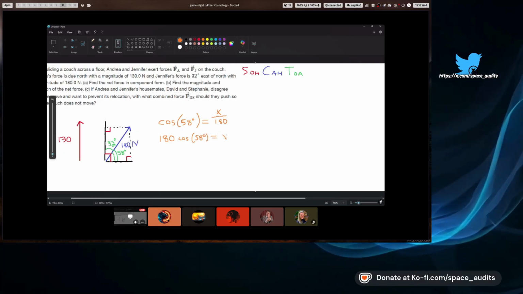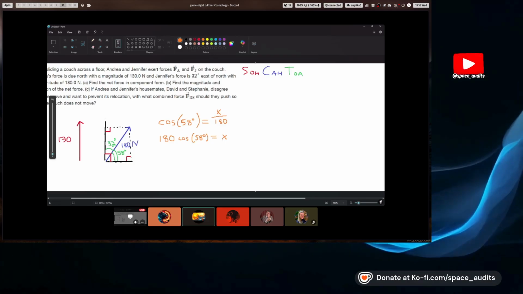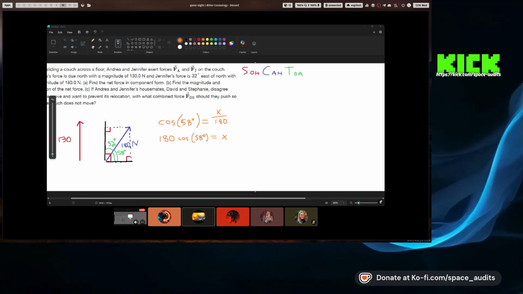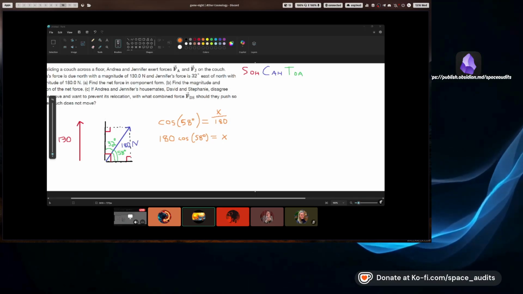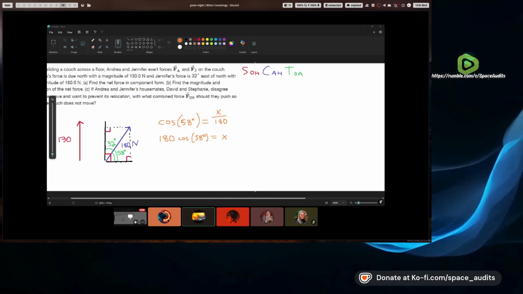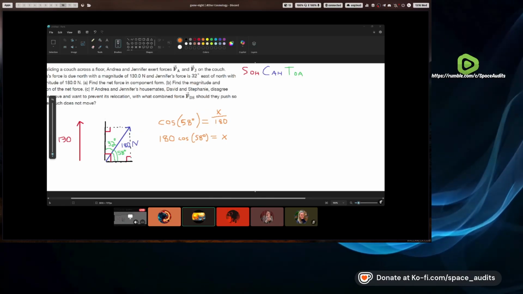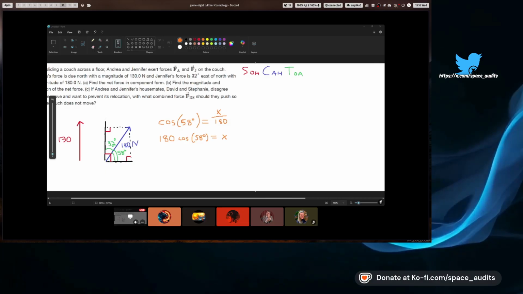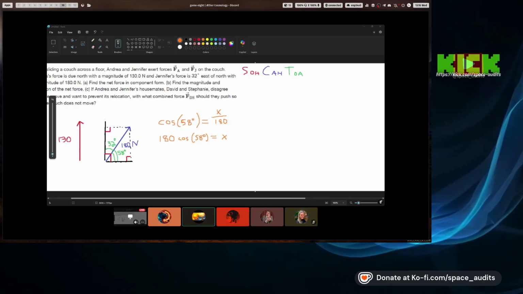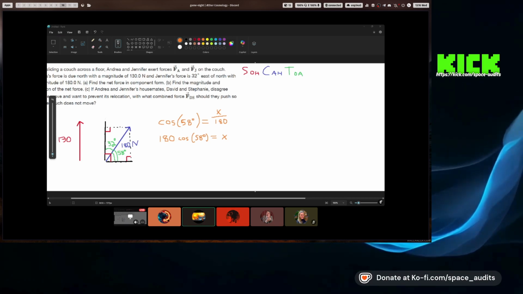And I'll go to Wolfram Alpha real quick, because my calculator's downstairs. So I'll say 180 cosine 58 degrees equals 95.385. I'll say 95.4, because I think the precision that they're using is one decimal.